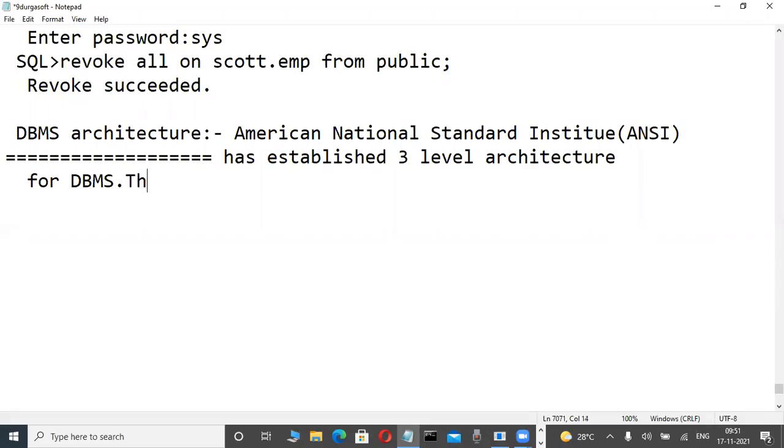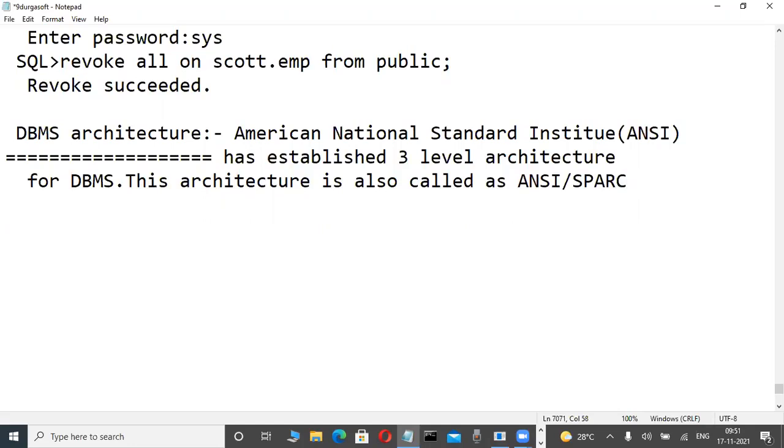This architecture is also called ANSI/SPARC. SPARC, within the bracket: in California, one committee is there. What is that committee?